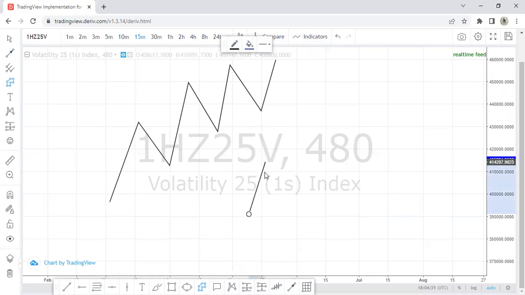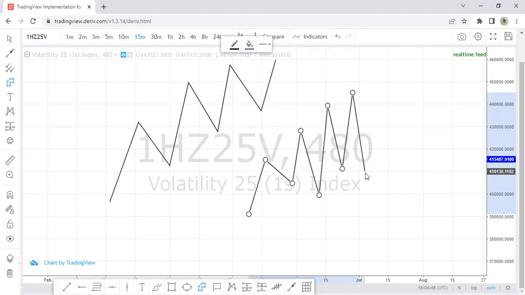You find the market doing something like this: higher high, higher low, higher high, then coming down, and you would think that this is a break of structure, and then you find the market going higher, and then you see something like this. So this market is not giving you what you are taught in the books, right?